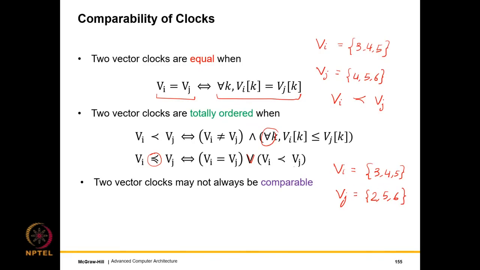So Vi and Vj in this case are not comparable. It is not the case that Vi is less than Vj, nor that Vj is less than Vi. So as I said, two vector clocks may not always be comparable. But if they are comparable, there are some interesting properties. We will look into this, but this is the broad idea of the relationships between vector clocks.